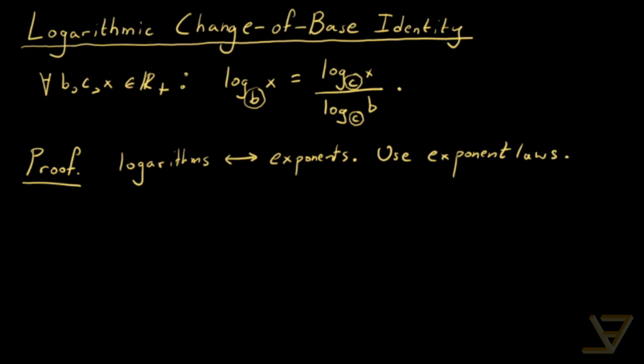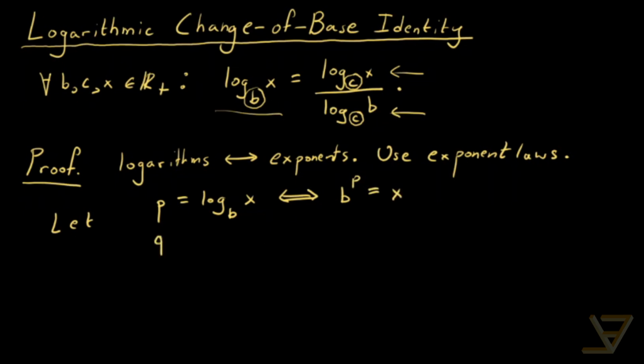First, we have to convert our logarithms, this one, and this one, into exponents. So what we'll do is we'll let p equal log base b of x, so that equivalently we can say that b to the power of p is equal to x.